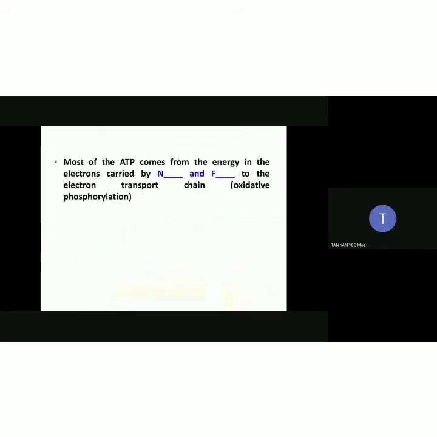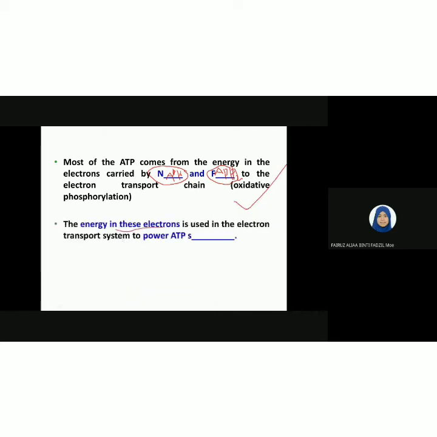Okay, next. Most of the ATP comes from the energy in the electrons carried by NADH, correct, and also FADH2, correct, to the electron transport chain.